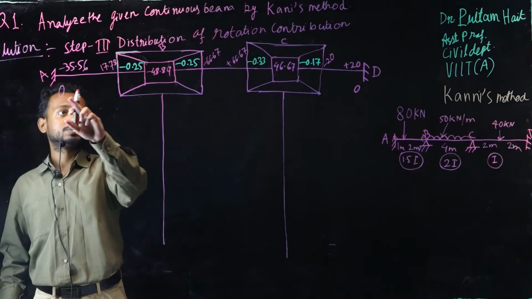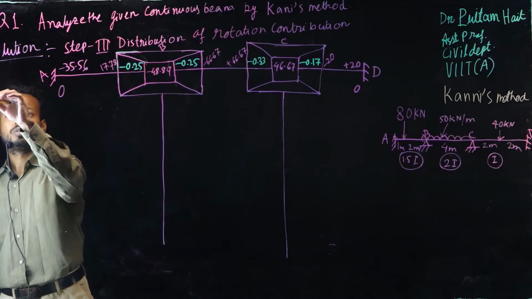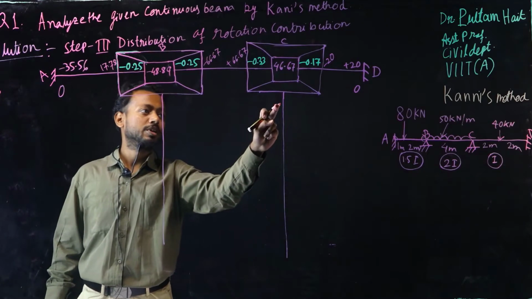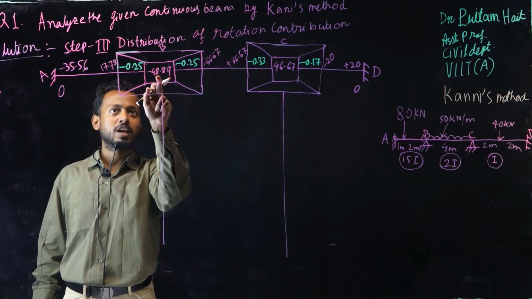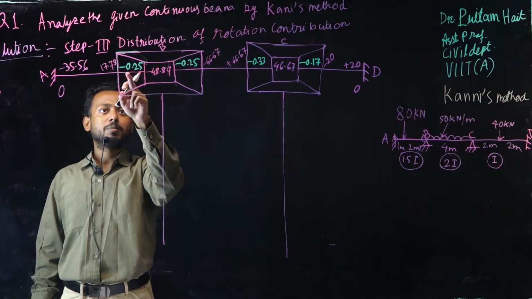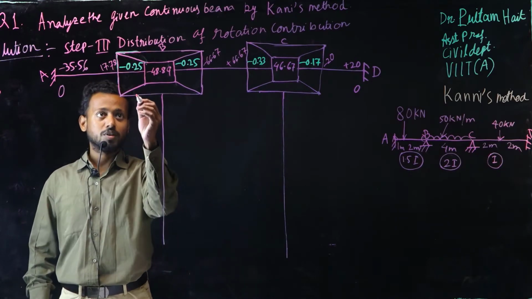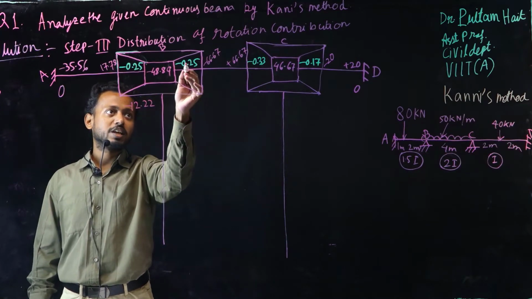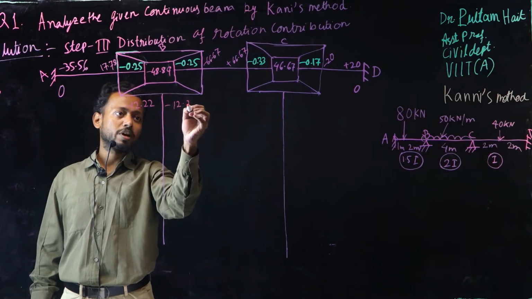So the total moment will be minus 48.89. I will multiply with this factor and write it here. I will have minus 12.22. Same rotation contribution, so minus 12.22.